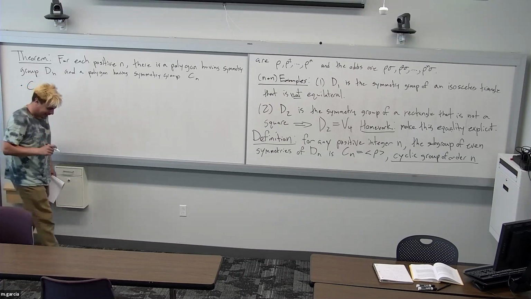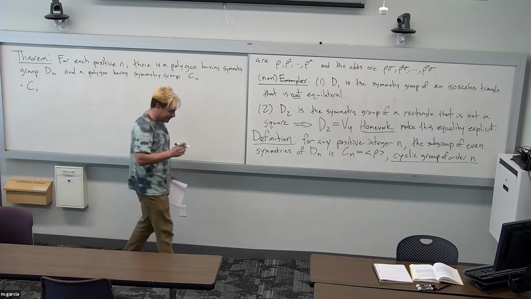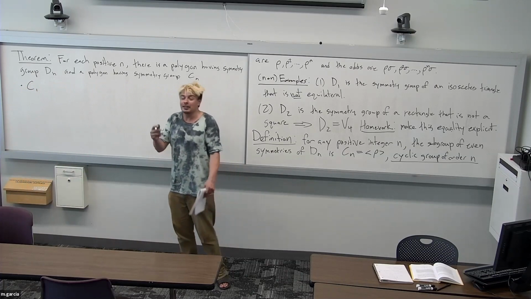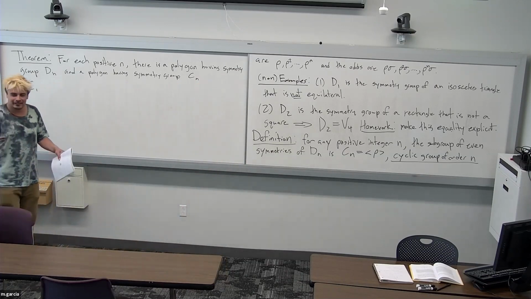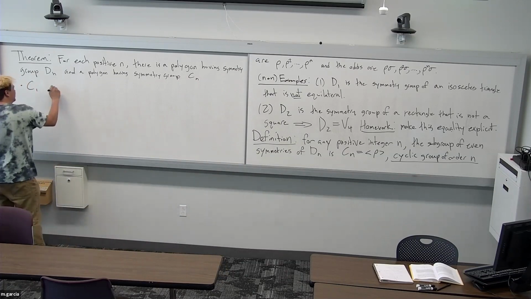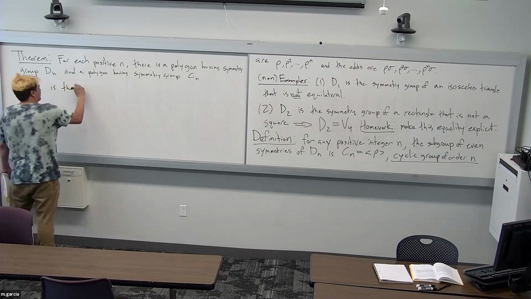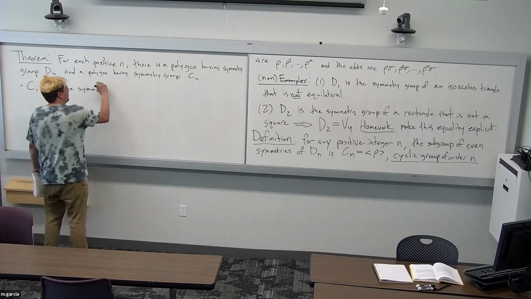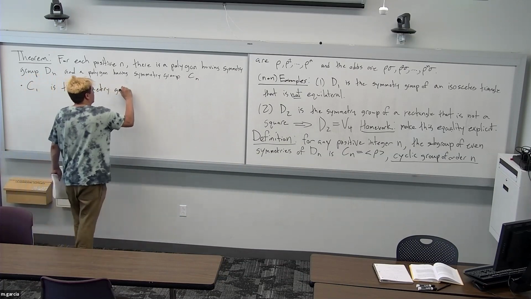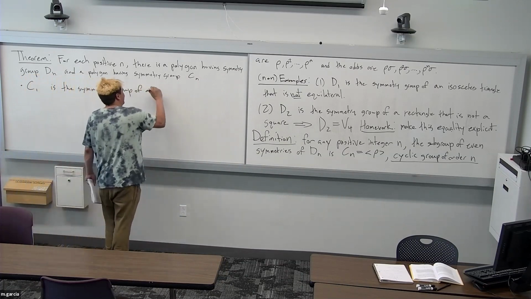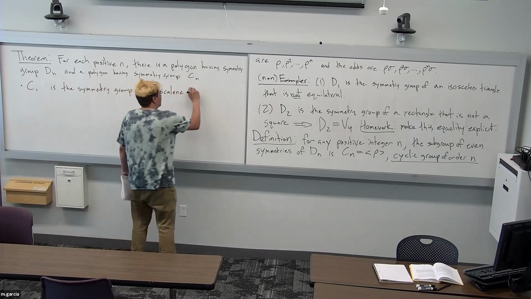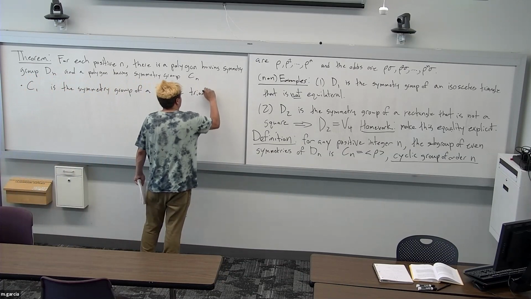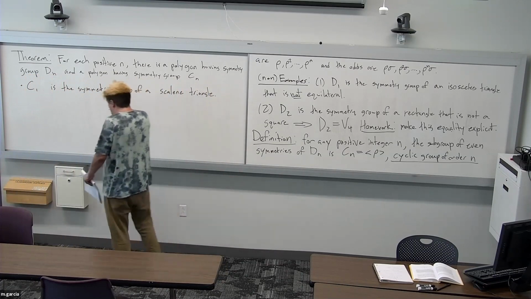But there's a kind of nice answer. A scalene triangle, something that isn't even that odd. C1 is the symmetry group of a scalene triangle.